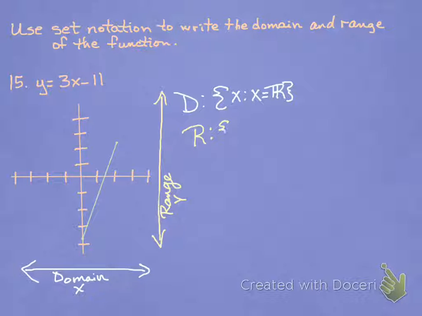So range is brace, y such that y is also an element of all real numbers. All your linear equations will always have a domain and range that are both all real numbers. Alright, that's it for that one. That was writing in set notation.